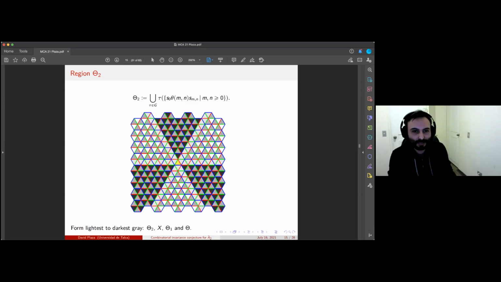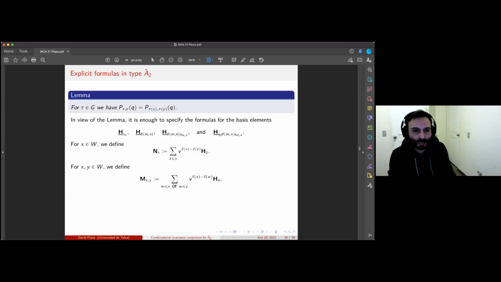Okay, so we have partitioned our group into 4 regions, and we are almost ready to present Libedinsky and Patimo's formula, but we first need to consider 2 ingredients.